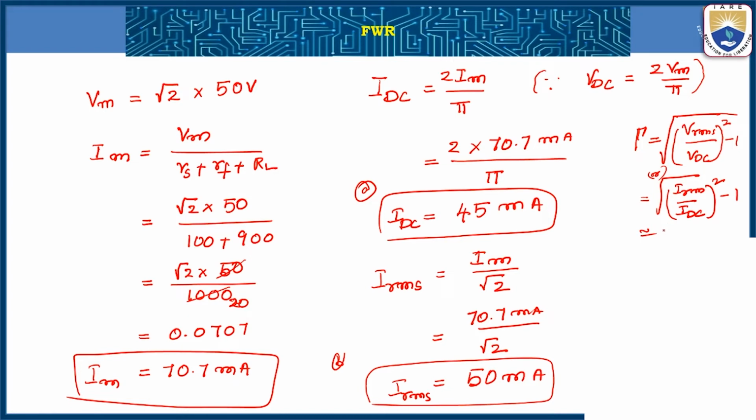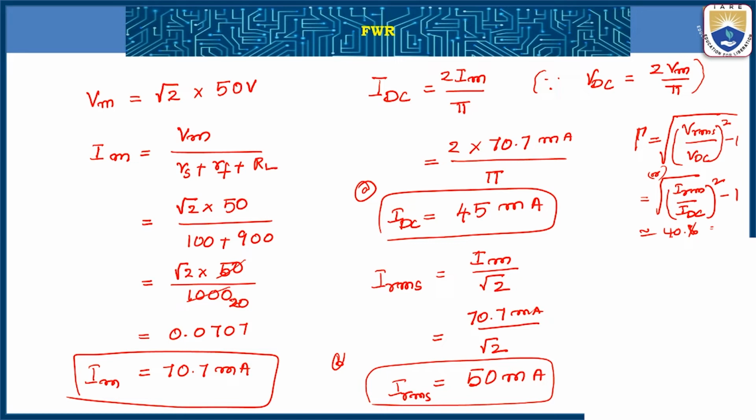Approximately you will get 40.6, about 40%. If you substitute IRMS 50 by IDC 45, 1 point something, squared minus 1, you will get about 40%.